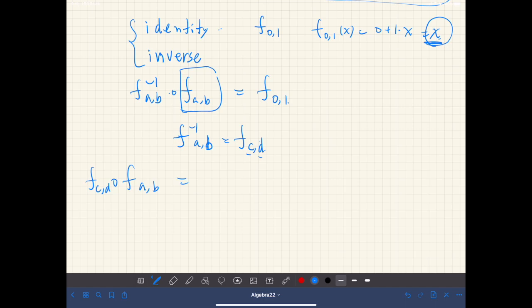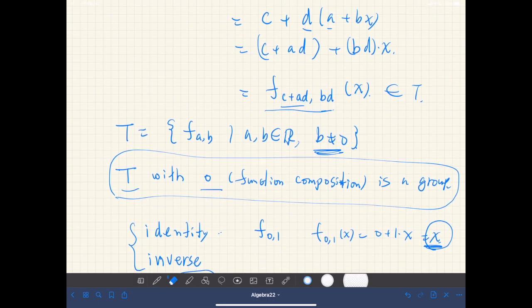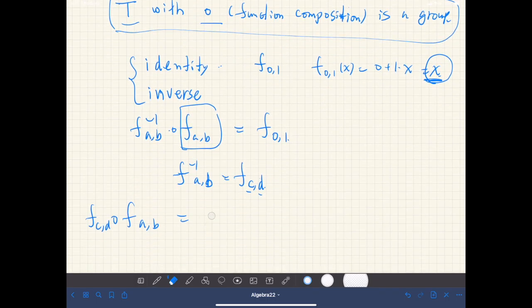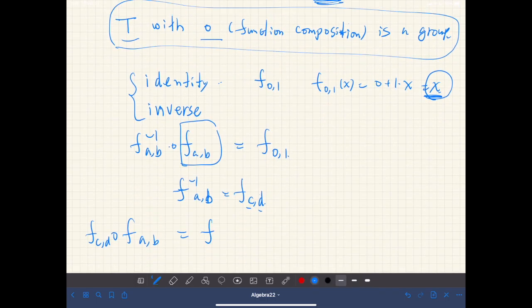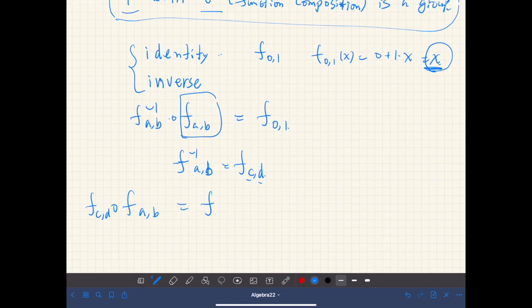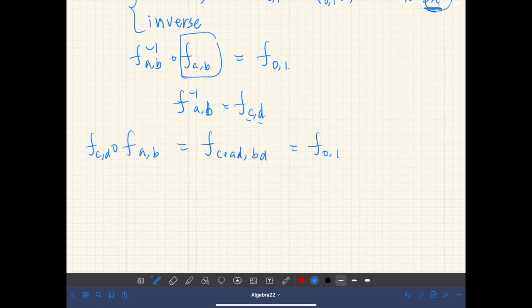and for that we have this previous result, c plus ad and bd. So if this is to be equal to (0, 1), then we should have c plus ad equals 0 and bd equals 1.